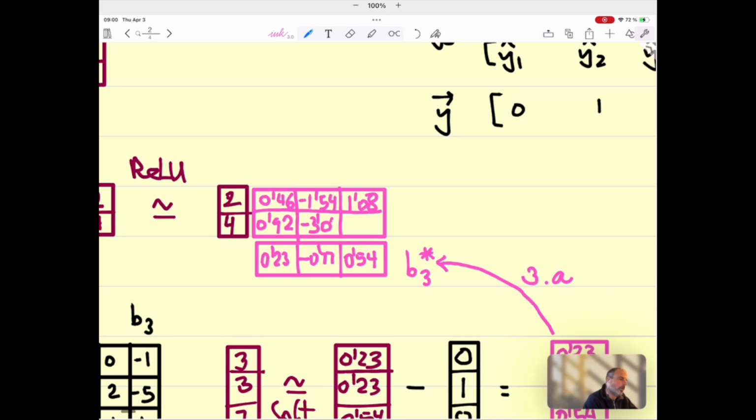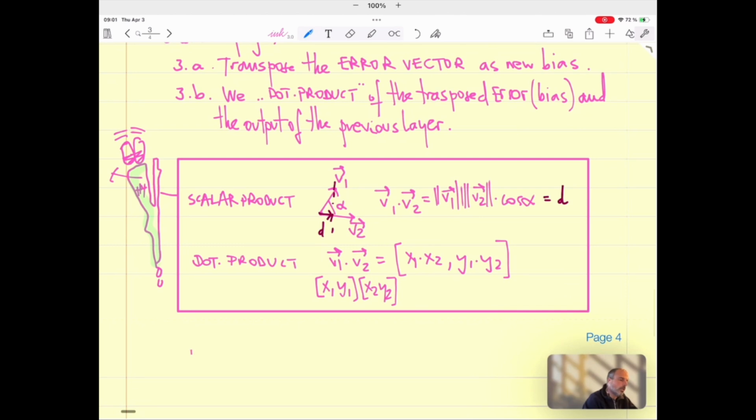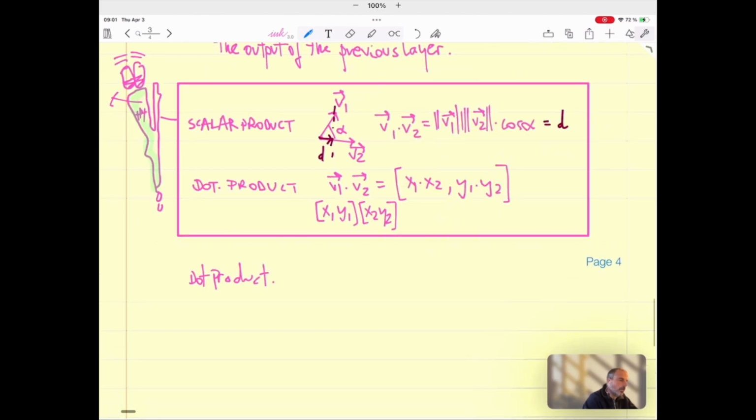So again, the dot product, I'll do it here again. Dot product. I'll copy it again, okay. 2 and 4, and then here I had 0.23, minus 0.77 and 0.54.